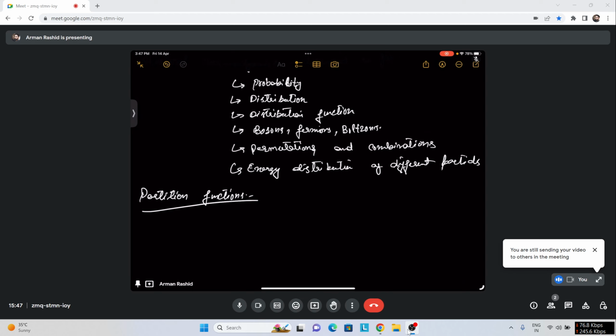Today I will show you how to calculate the partition function for different molecules, and how we can distribute the partition function among different degrees of freedom, like translational, vibrational, rotational, and the electronic partition function. And at the end we'll solve some of the questions.